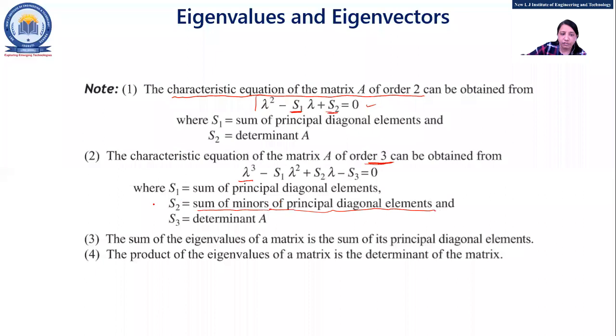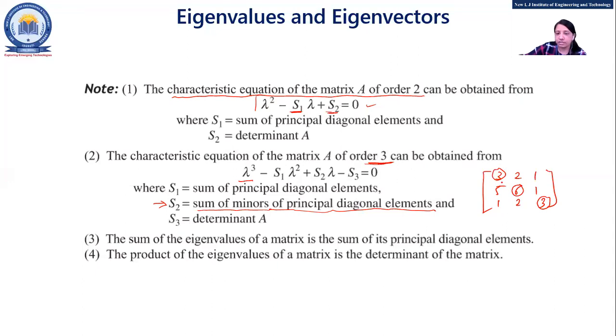So just read this carefully: you have to take the minors of the diagonal elements. For example, take the matrix 3, 2, 1, 5, 6, 1, 1, 2, 3. These are the diagonal elements, so you have to calculate the minor of each and then add them.